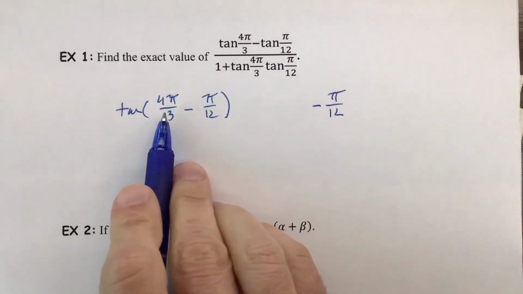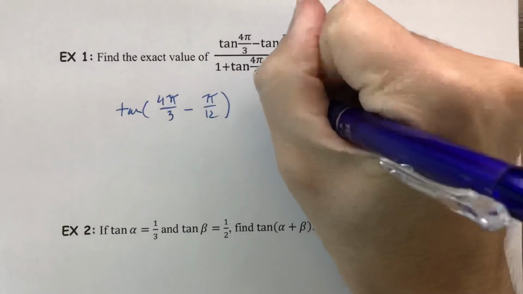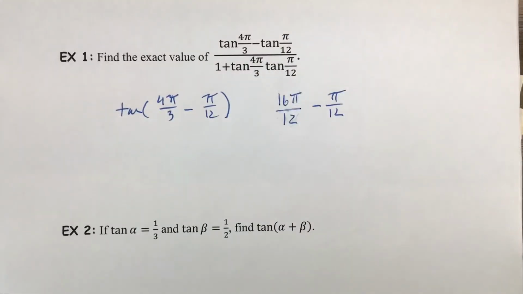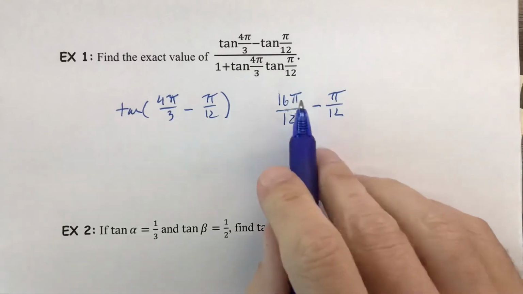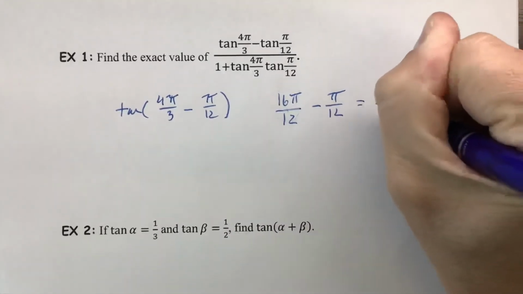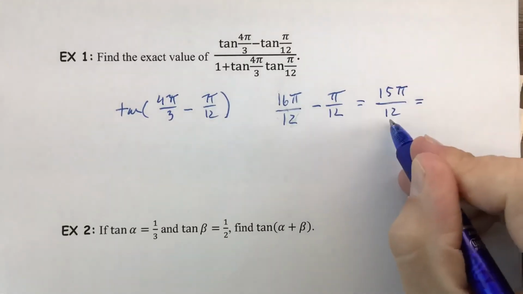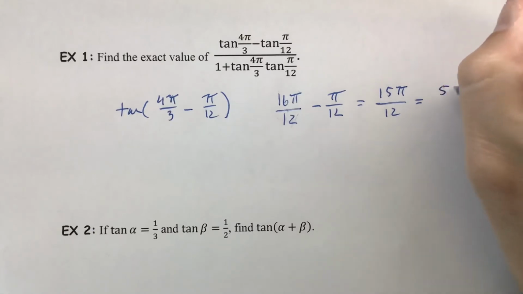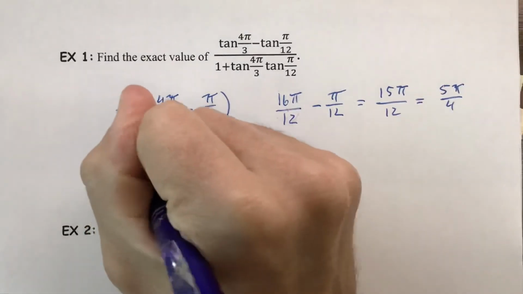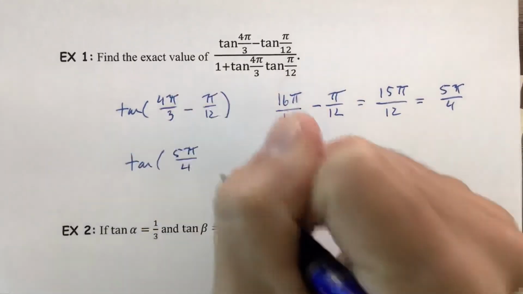All right, and then the first, to get the 12 on the bottom, we need to multiply by 4. That will give you 16 pi over 12. Okay, so now that we got a common denominator, we can subtract. That would give us 15 pi over 12, which does reduce, because these are both divisible by 3, reduces to 5 pi over 4. So our actual problem is really just, what is the tangent of 5 pi over 4?